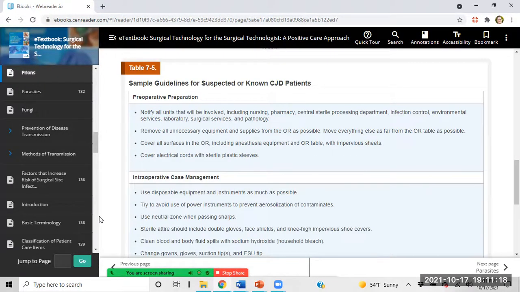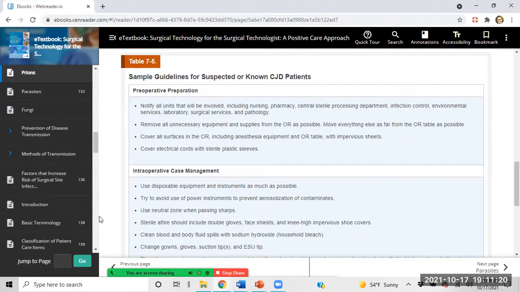So here is what I wanted to go over with you. There are some sample guidelines for suspected or known CJD patients. All units will be notified, including every department. All unnecessary equipment and supplies are removed from the OR, and everything that can't be removed is moved as far away from the OR table as possible.